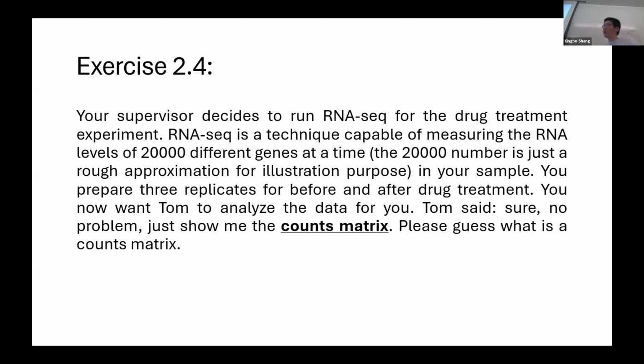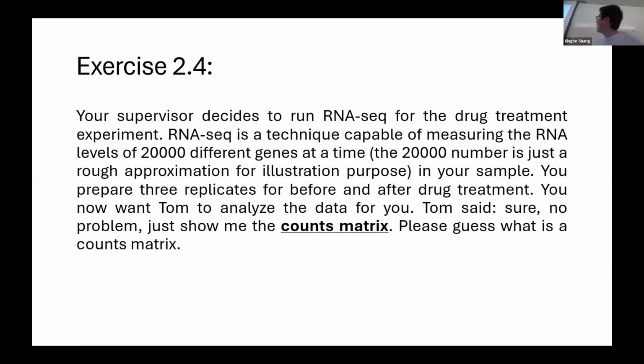It's a technology capable of measuring virtually all the RNAs, different types of RNAs, in your sample. To give you a rough idea, Homo sapiens have around 20,000 protein coding genes. And actually this technology can measure more than that because there are other non-protein coding genes.